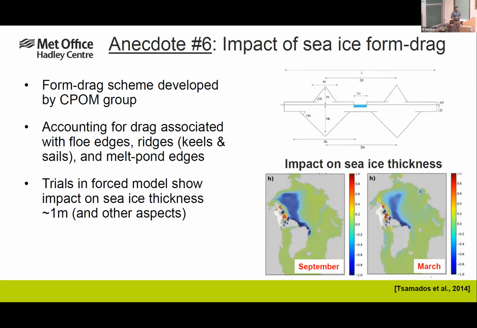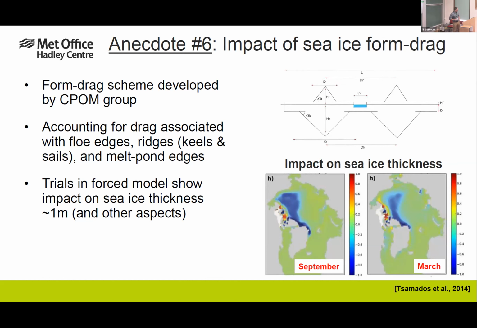Another one is the impact of this sea ice form drag parameterization that was developed in the CPOM group. This is from Michel Tsamados's paper showing the form drag schematic. So we've got the sails and the keels impacting drag, and Michel shows here a considerable, almost 1 meter difference impact on Arctic sea ice thickness.